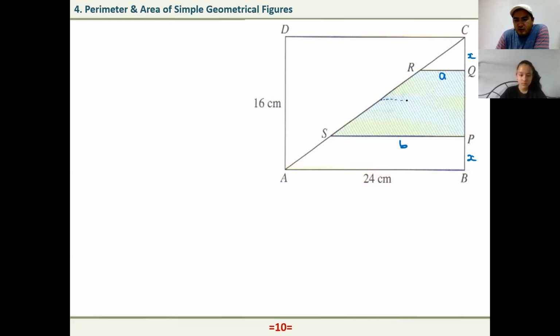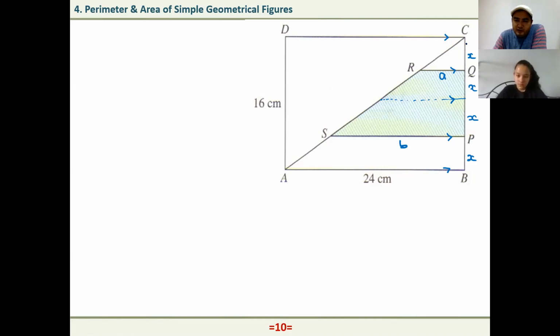Okay, if I just draw a straight line, and let's say that is X. Also, this should be X, right? Now Shaheen, if you just look at this, this one is parallel to this line. It is parallel to this line. And it's a rectangle, also it is parallel to this line. All these lines are parallel to each other, right?